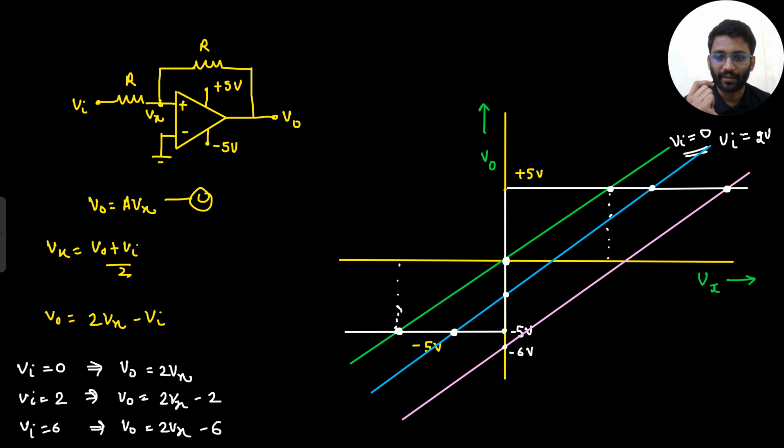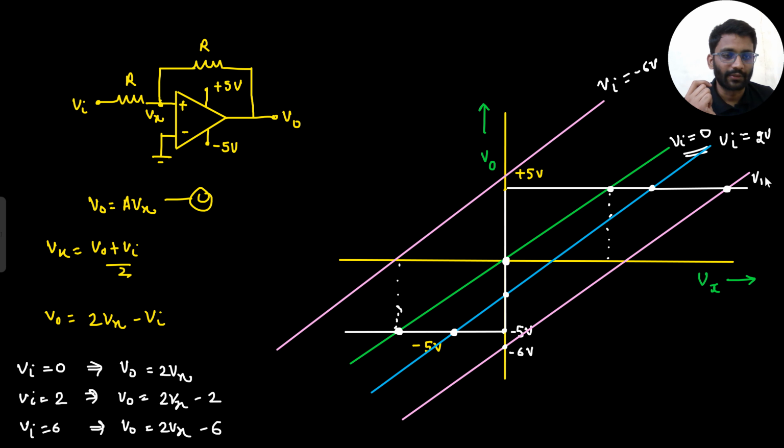So again, what will happen? The graph would go something like this. It will start from here and go something like this. This will be Vin equals minus 6 volt. This is Vin equals 6 volt.